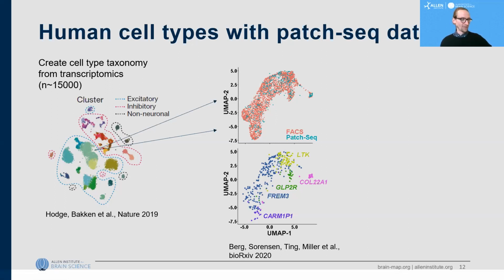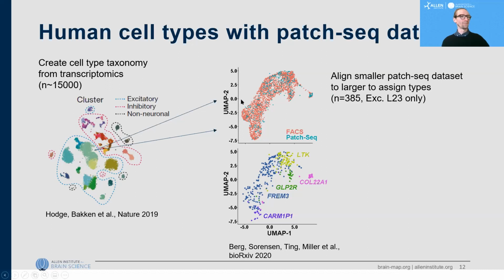So again, you see here in this low dimensional representation of transcriptomic space that there are many type distinctions that are highly discontinuous and highly rigorous in that sense. But the patch-seq data is a much smaller data set. So that's more on the order of several hundred, 400 cells that so far we've looked at in a layer 2-3 data set.